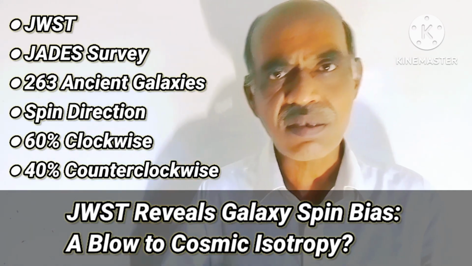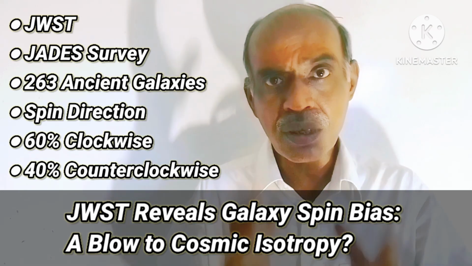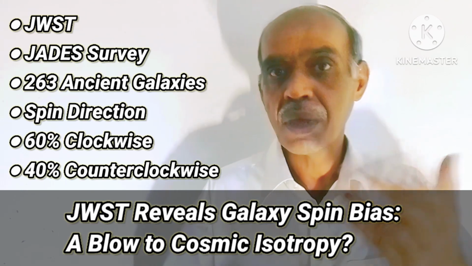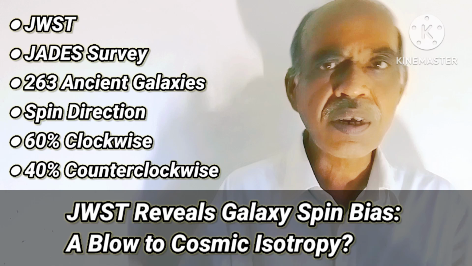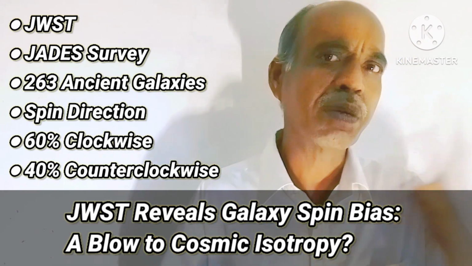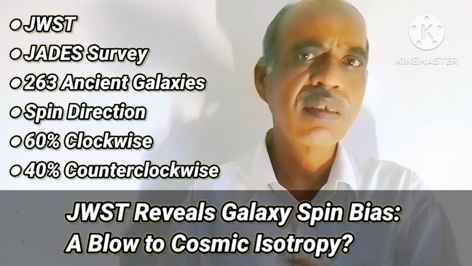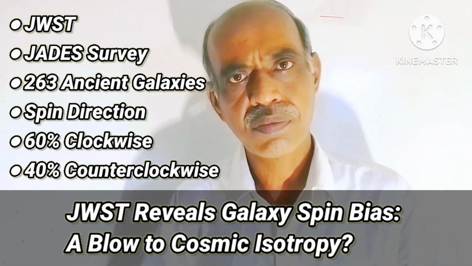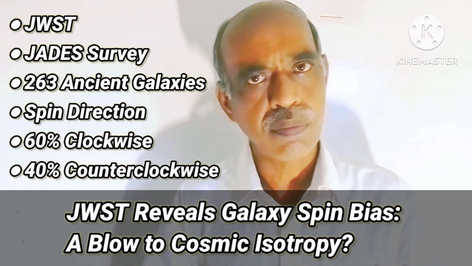So maybe whatever we are saying right now, 60% clockwise and 40% anti-clockwise, we are actually interpreting wrong. Maybe it is actually 50% clockwise and 50% anti-clockwise, but we are seeing the wrong thing because they are very distant galaxies, those 263 ancient galaxies.